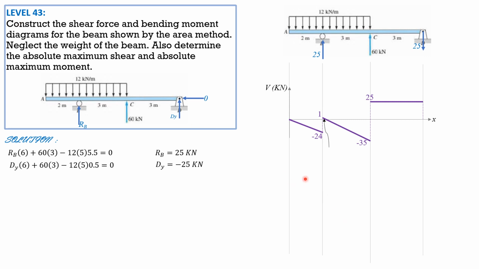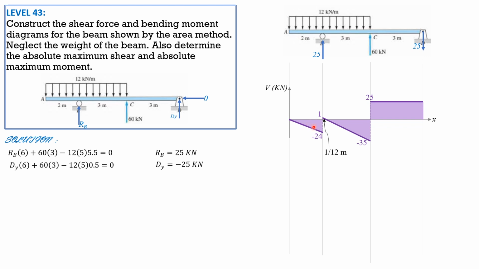So this distance is 1 shear divided by intensity of load 12, so 1 over 12. So therefore this is 3 minus 1 over 12, or 2 and 11 over 12. So let's shade the portion. So we don't need to label the areas.